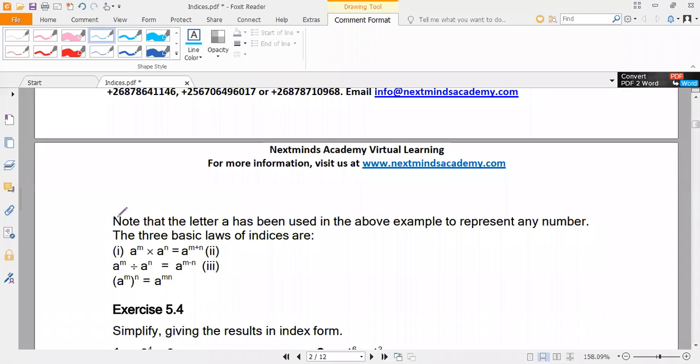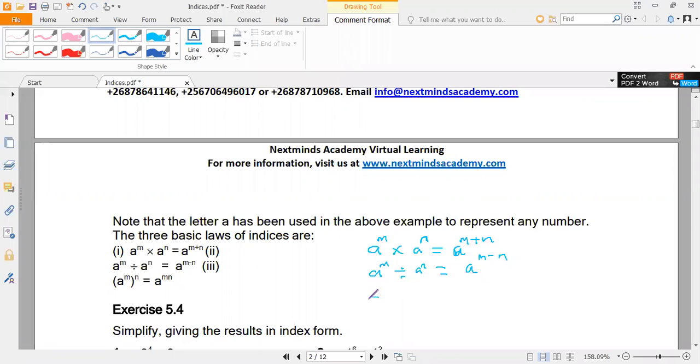Okay, so basically there are these 3 basic laws of indices. There is the multiplication law, which says when you're multiplying numbers which have the same base but different powers, maintain the base and add the powers. And then the division law, when dividing the same base, different powers, keep the base and subtract the powers.